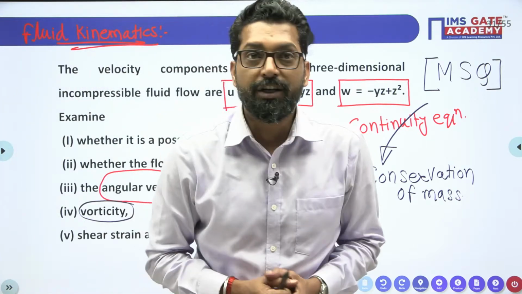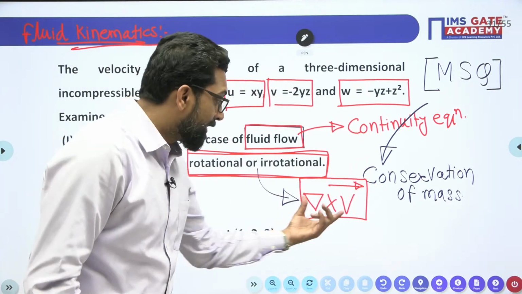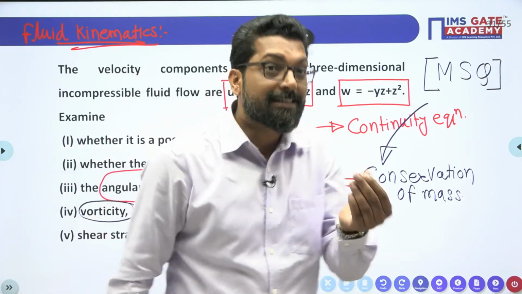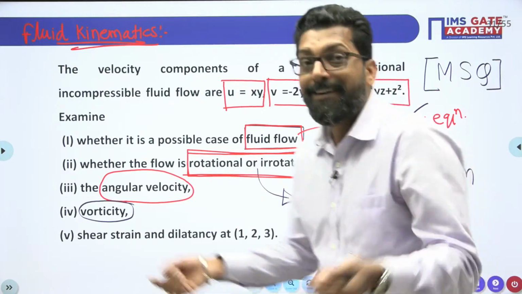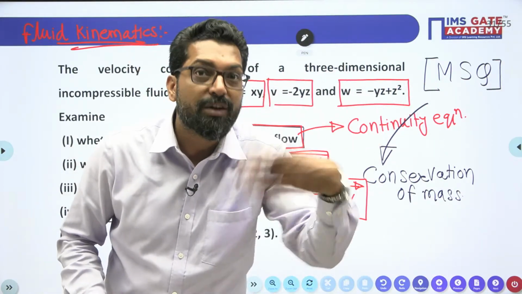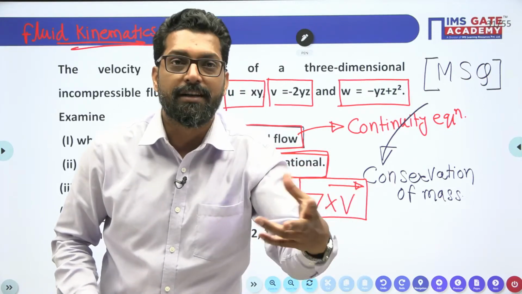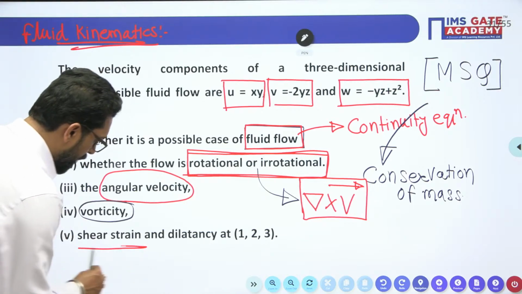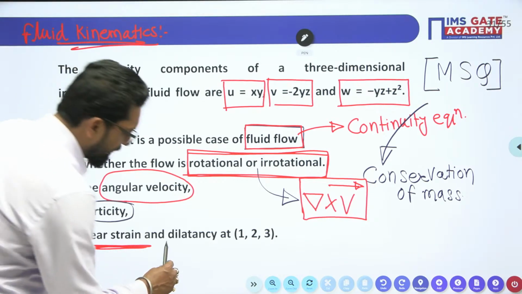What is the vorticity? It is nothing, beta. It is the curl of a velocity vector. And the curl of a velocity vector is twice the angular rotation. Right. Now the shear strain. You have to find shear strains and the dilatancy.